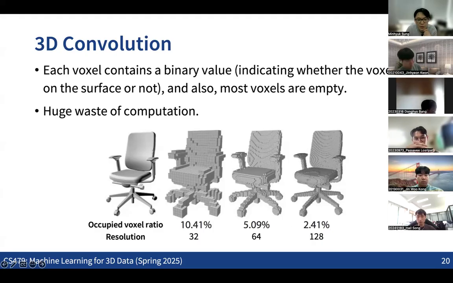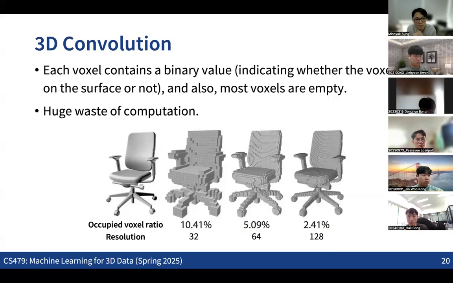As we increase the resolution, the voxels located on the surface become much sparser, which means that the whole representation becomes very inefficient and redundant, in that most of the voxels are empty.